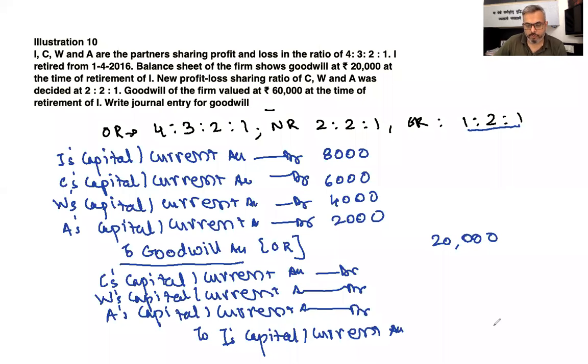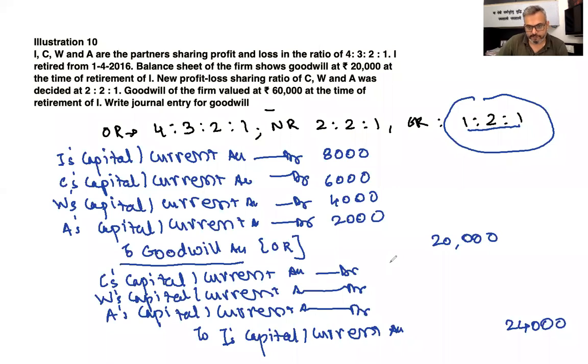So we write down over here 24,000 क्रेडिट हो जाएगा आई को. आई जा रहा है, उसको उसका हिस्सा देना है, तो उसको क्रेडिट कर दिया. और डेबिट करेंगे इन तीनों को इन द गेन रेशियो 1:2:1.